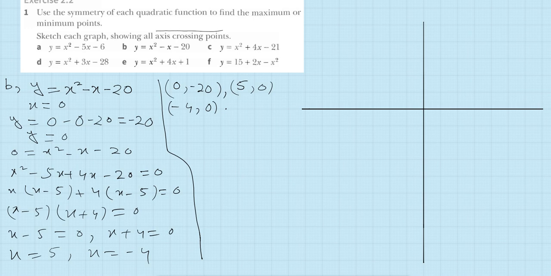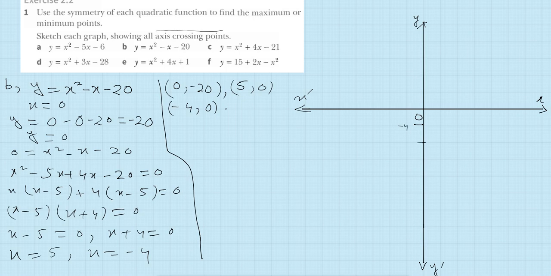So this is the x-axis, positive x-axis, positive y-axis, negative x-axis, and negative y-axis. So the first point is (0, minus 20). So this is 0 and minus 20. I am taking 1 square as 4.